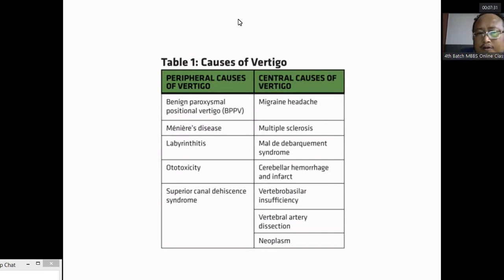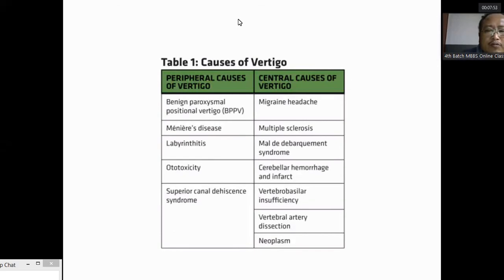They are the commonest. In the central type, migraine, multiple sclerosis, cerebral hemorrhage, brain insufficiency, vertebral artery insufficiency, and any brain neoplasms may cause the central type of vertigo.